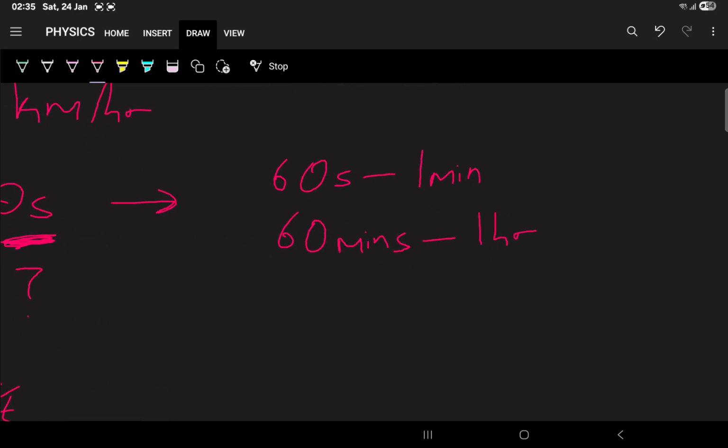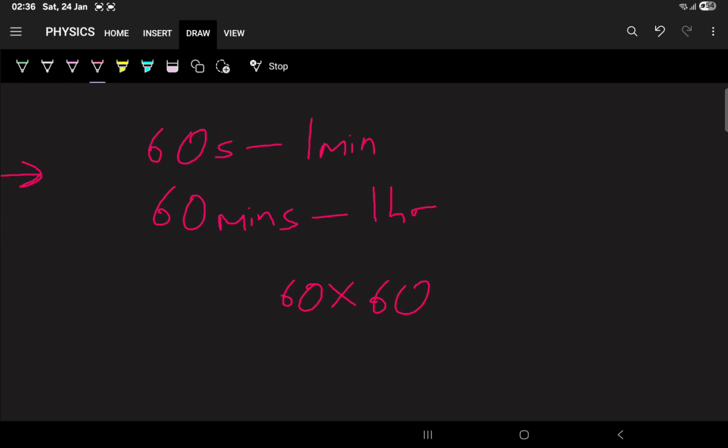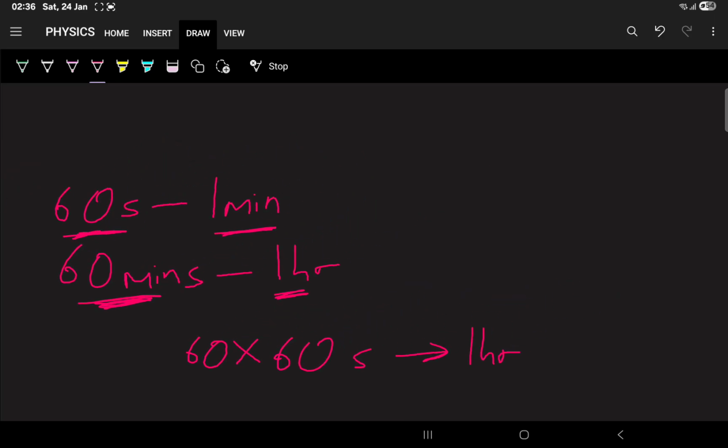This implies that in 60 times 60 seconds, it will be equivalent to 1 hour, because 60 seconds is in a minute and we have 60 minutes in 1 hour. Now remember, we're trying to convert the time to hour.